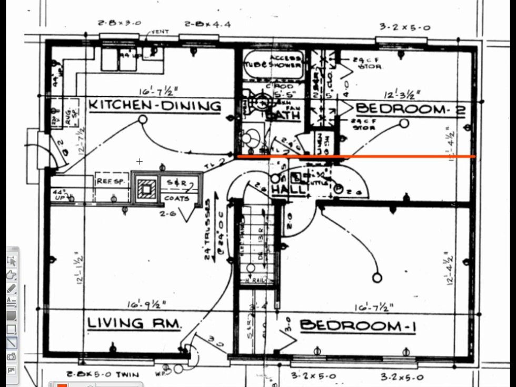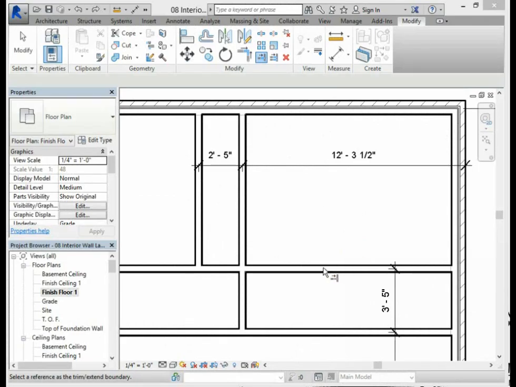We need to trim that wall in order to represent the wall going to this vertical wall here. So what we need to do is trim away this part of the wall object that's extending into bedroom 2.